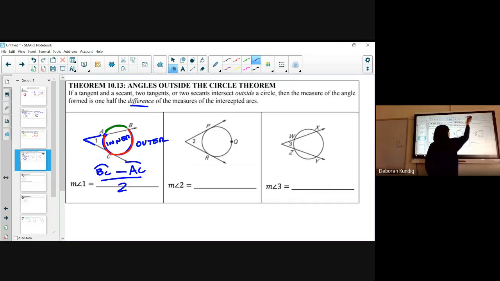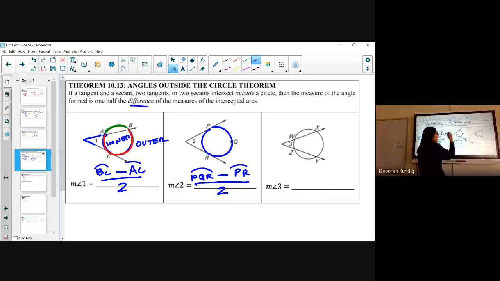And then in this one, it's the outer, the major arc PQR, minus the inner arc PR, divided by 2. Since this is a tangent and a tangent, you do use the entire circle, so that might be helpful in finding the measures of these arcs.